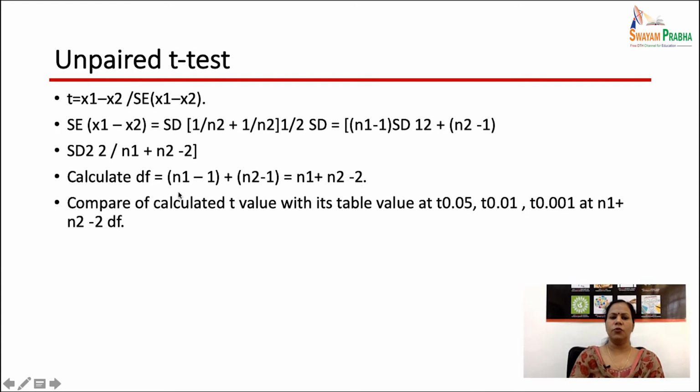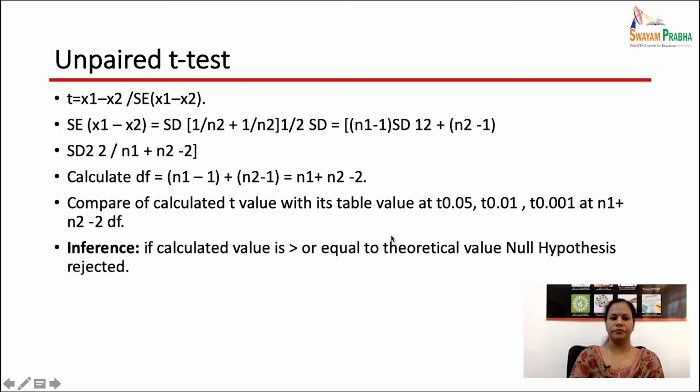Then, based upon your calculation of the t value, you compare the calculated t value with its value in the table at the level of significance 0.05, 0.01, or 0.001, based upon your degrees of freedom.